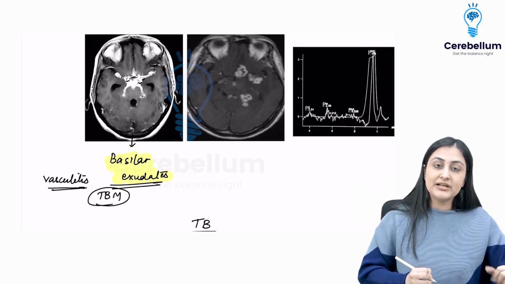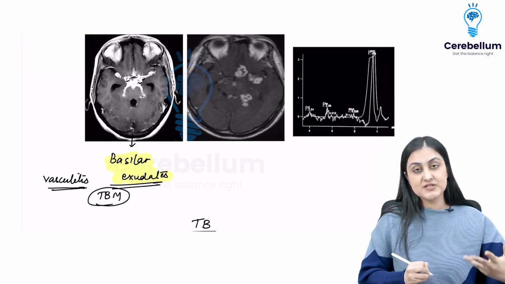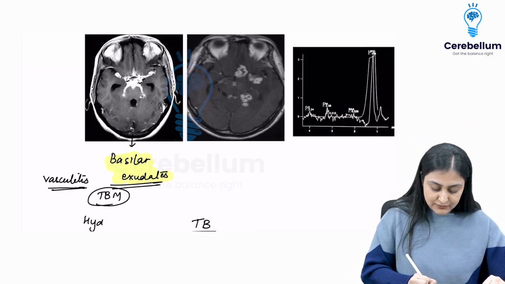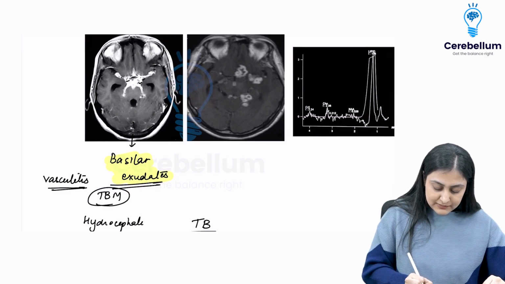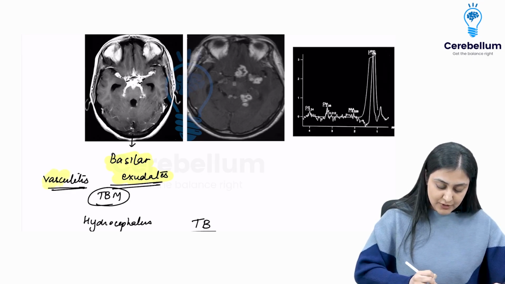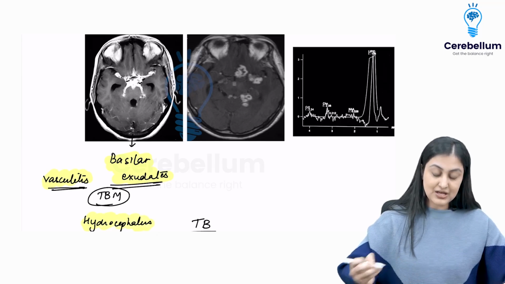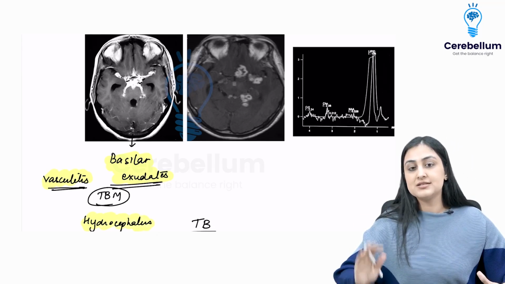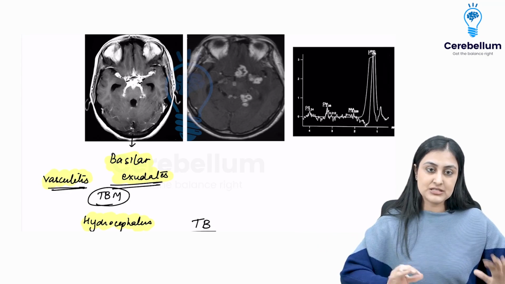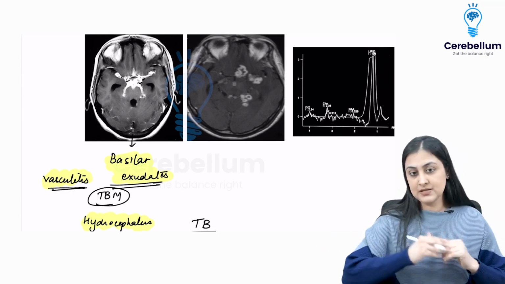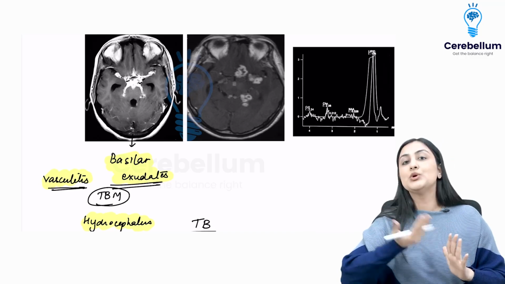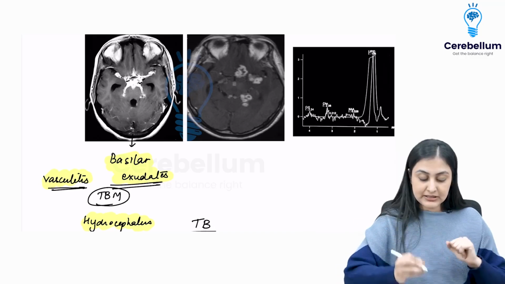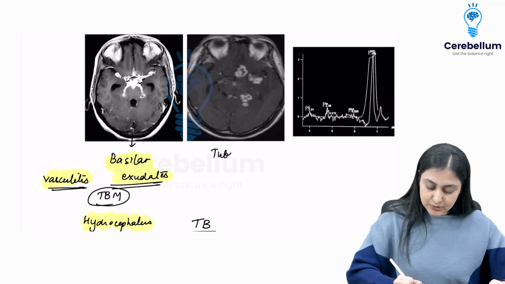And the other complication is it can obstruct the flow of CSF and result in hydrocephalus. So this that I have written for you here is the triad of TB meningitis, which is hydrocephalus, vasculitis and basilar exudates.